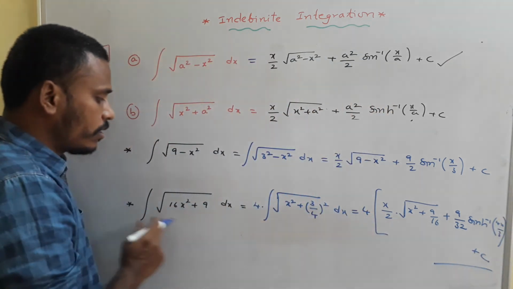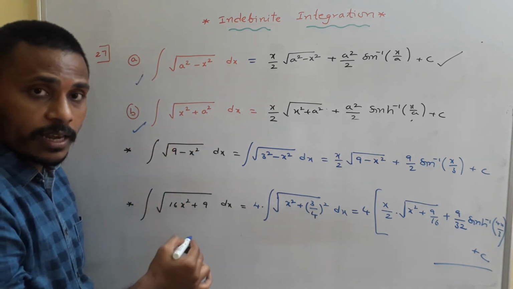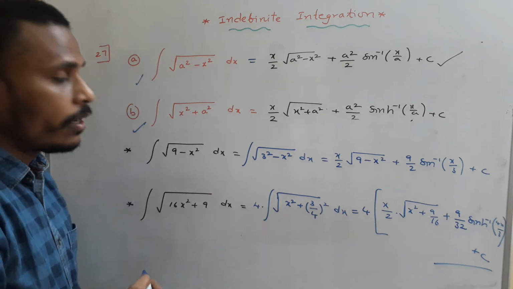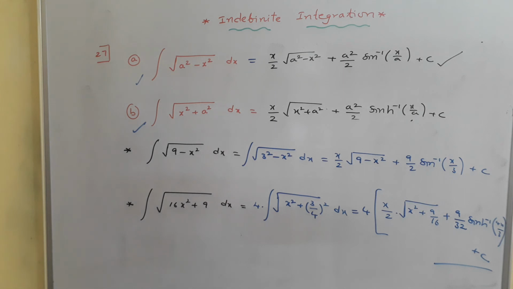That's the way to answer these types of questions using these results. Okay, have a look. And in the next class we are going to discuss different problems related to all these things. Okay, and that's for today's class.